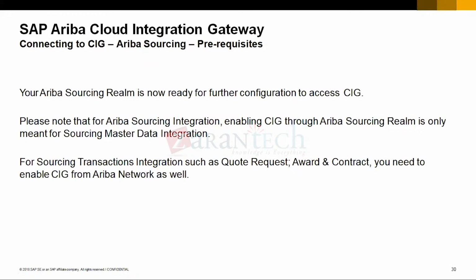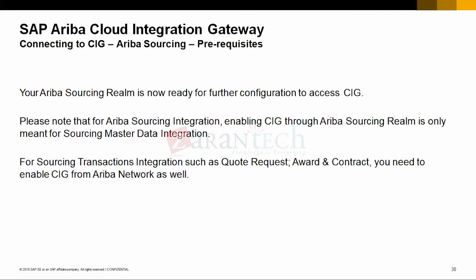Okay. So this is the overall process that the Ariba shared service team follows to enable the CIG. Either they can do it on the Ariba network, or we can perform it in core administration or in the administration as well.